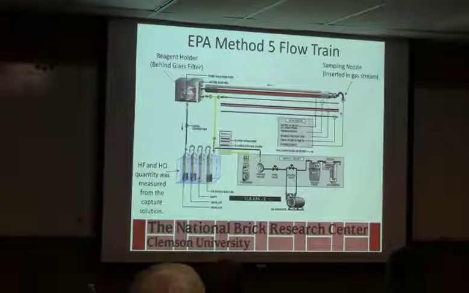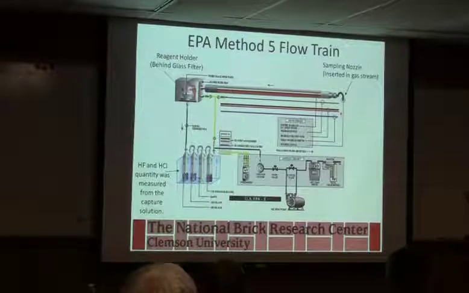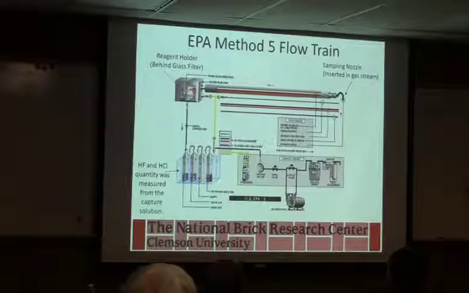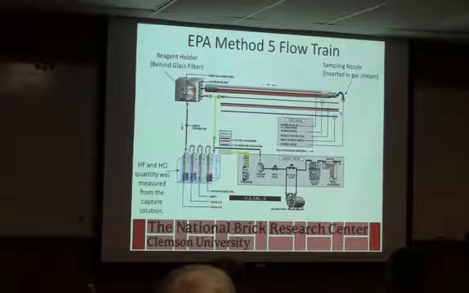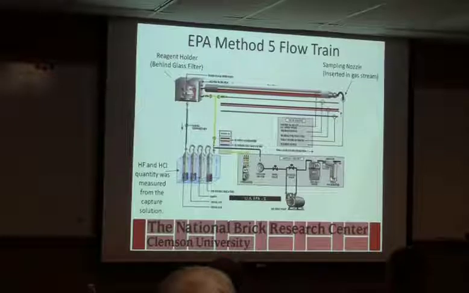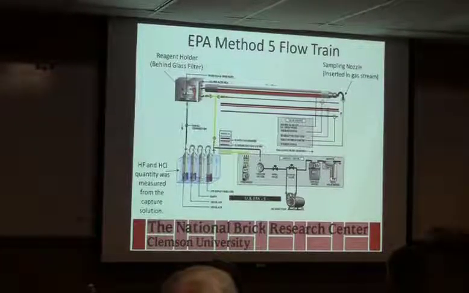Because if I'm pulling too much vacuum, a particle that should go past gets sucked in, so I oversample the particles. If I'm not pulling enough gas, then a particle that may normally have gone in bypasses that nozzle because of turbulence. So you're trying to do something they call isokinetic sampling, and there's a whole routine you go through.